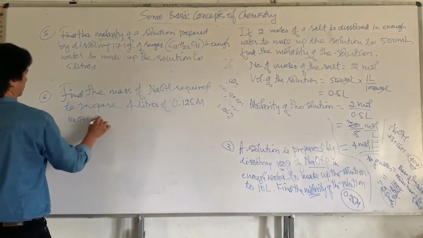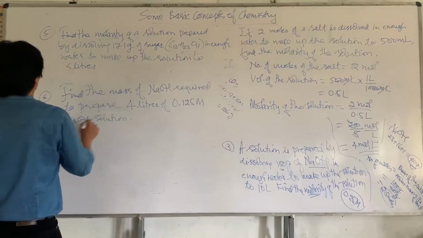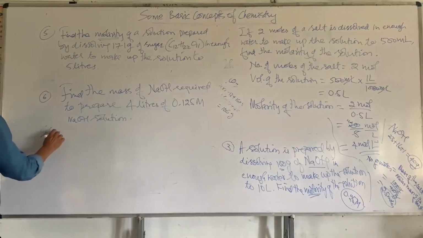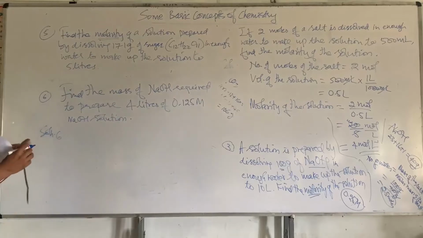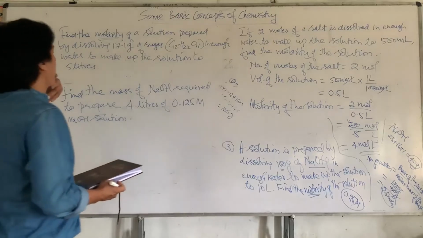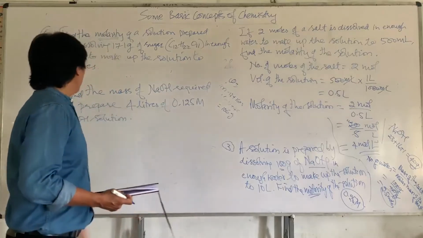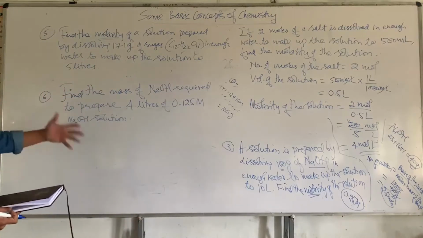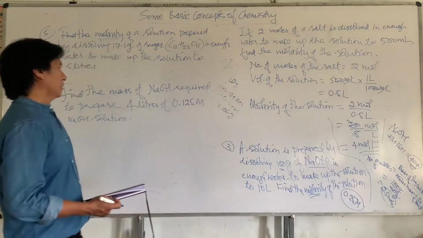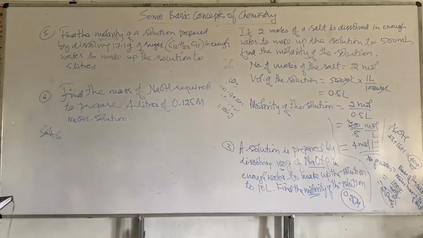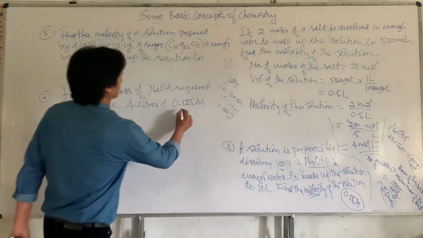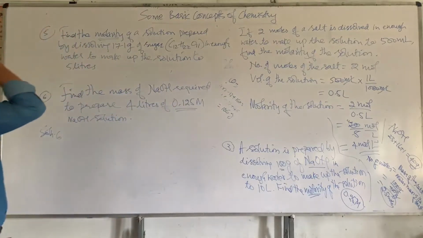NaOH solution. Very simple. So here, what you can say is you are told that to prepare 4 liters of 0.125 molar sodium hydroxide solution, what mass of sodium hydroxide should be used or dissolved? So now, here this is your molarity.